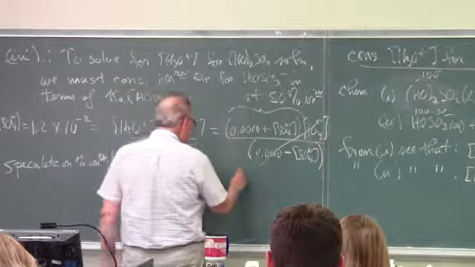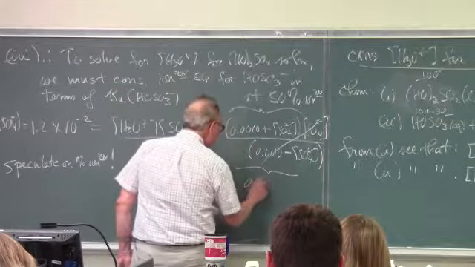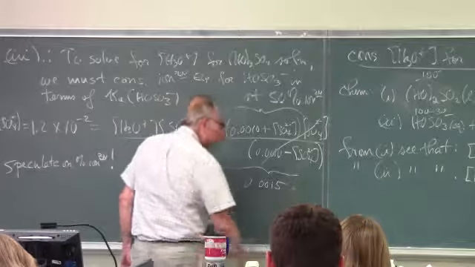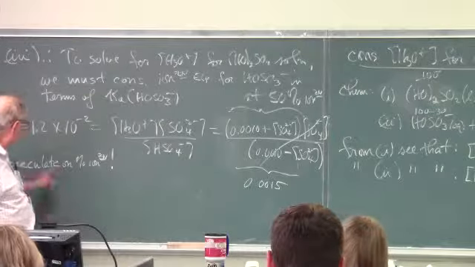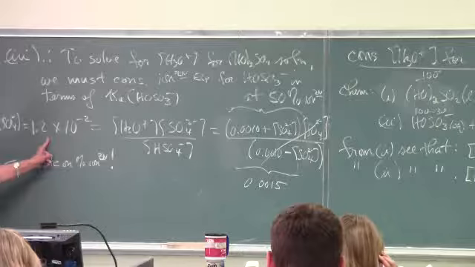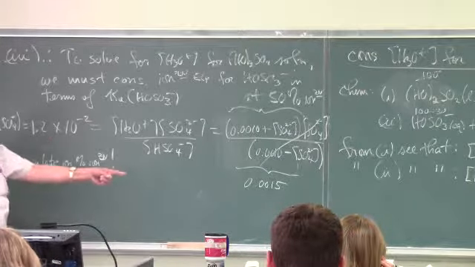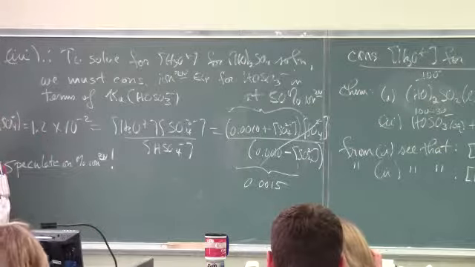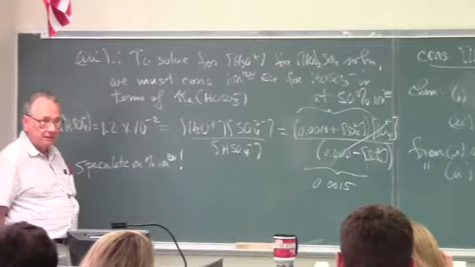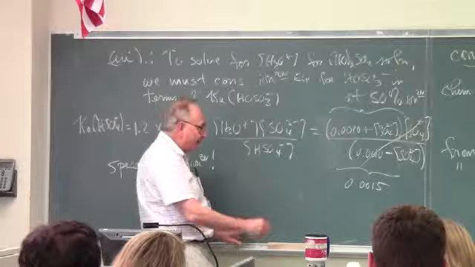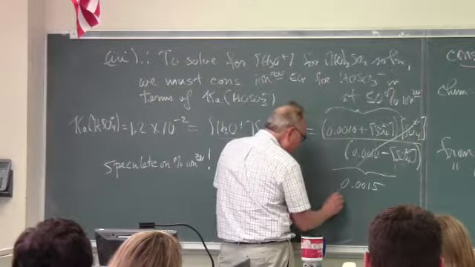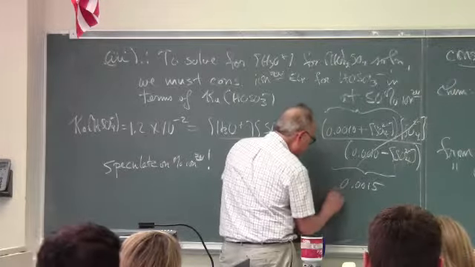So at 50% ionization, this becomes 0.0015. How's that compare to this? Is that bigger or smaller than this? Let's rewrite this in scientific notation, 1.5.